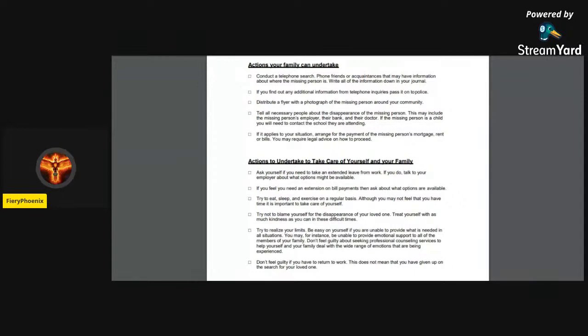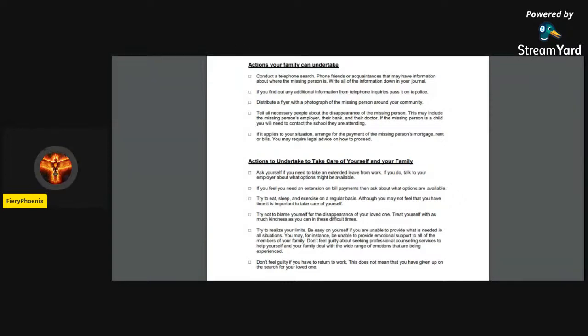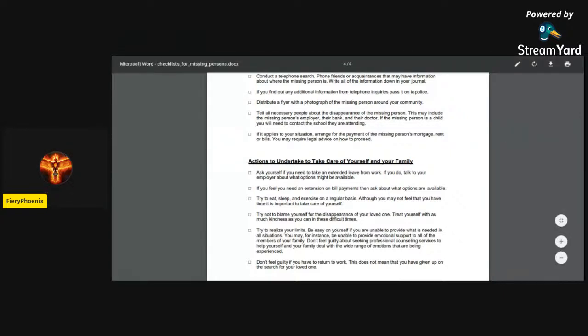You may, for instance, be unable to provide emotional support to all of the members of your family. Don't feel guilty in seeking professional counseling services. It pays to talk to someone. I think what they're trying to say is don't bottle it in. And don't feel guilty if you return to work.